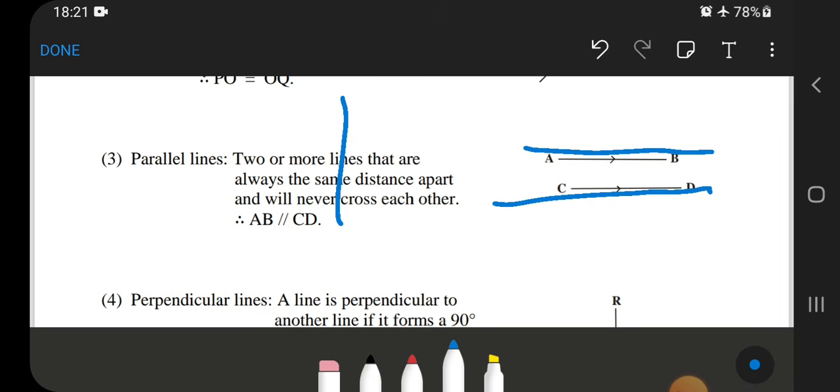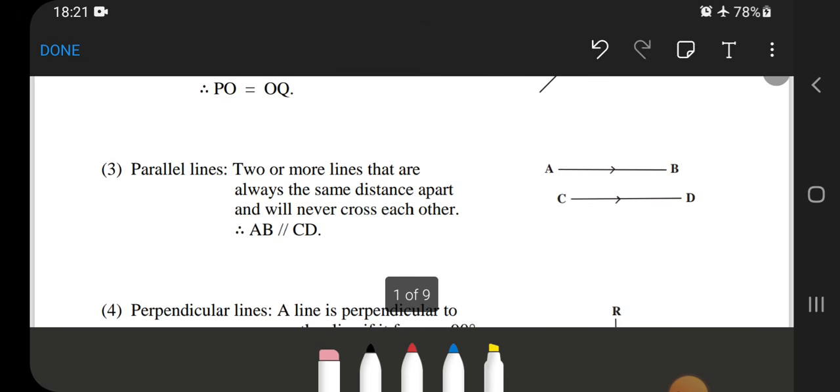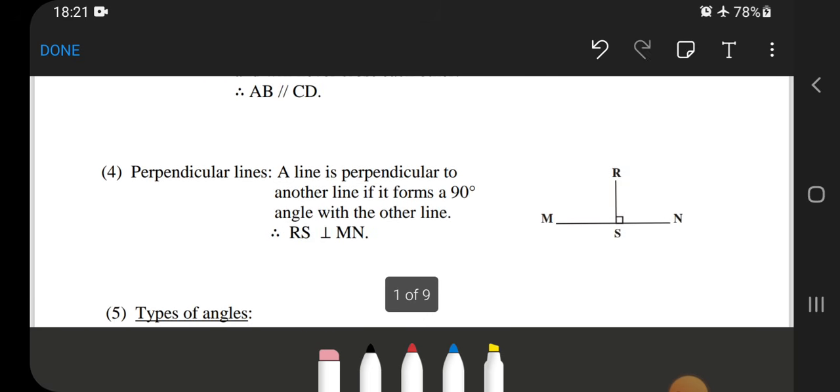They can either be like this or like this, but they never ever meet. One thing about parallel lines, they will never ever meet. So that's what you have to know. Again, if they say parallel lines, those lines are never going to meet. So AB is parallel to CD because they will never cross each other.